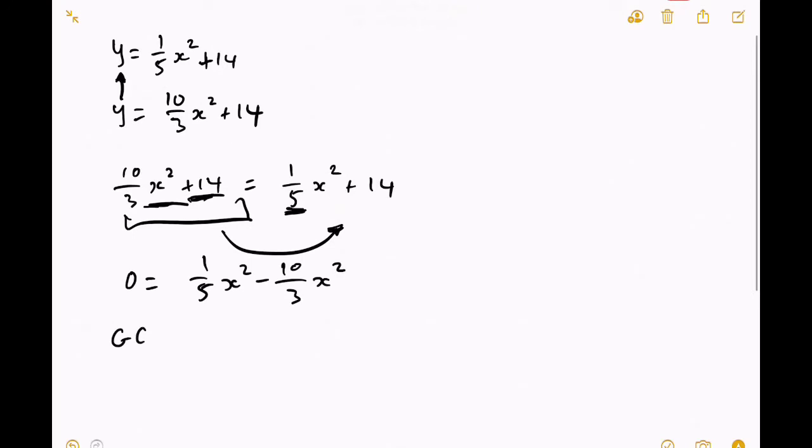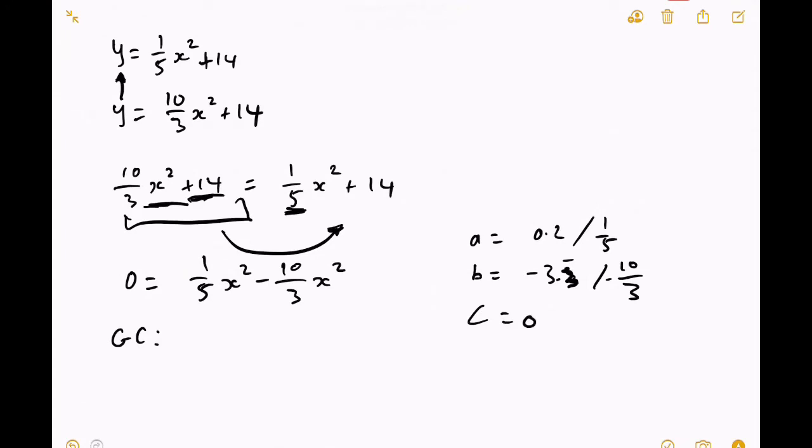Now, graphical calculator, using equations, polynomial degree 2, you should get a equals 0.2 or 1/5, b equals minus 3.333 or minus 10 over 3, c equals 0. Therefore, when you solve that, you get x equals 16.666 or x equals 0.